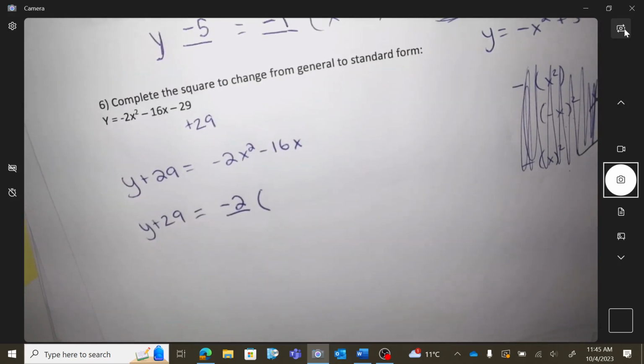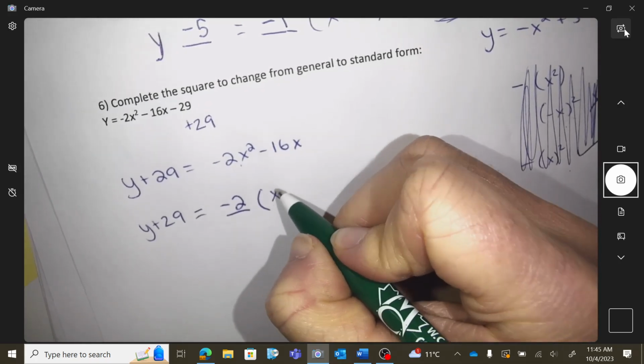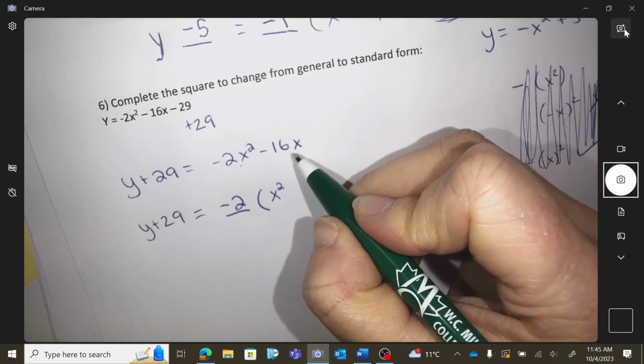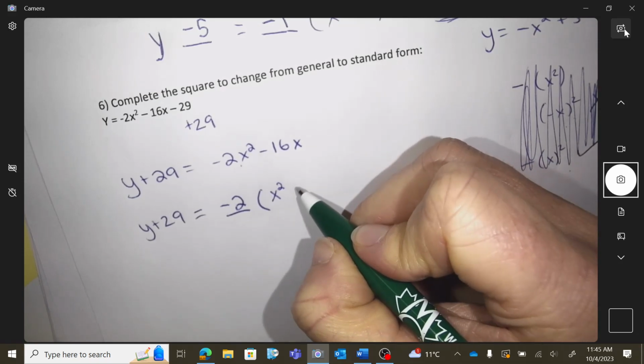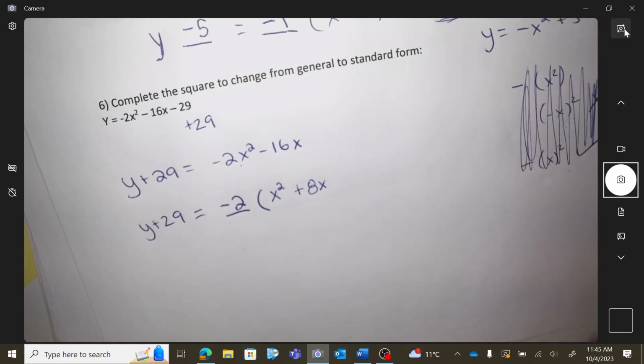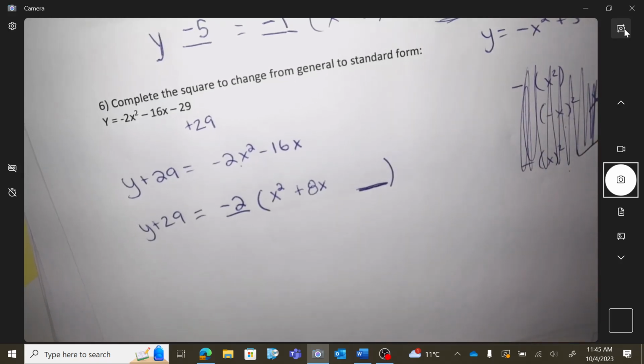Okay, so what does everything change to after you take a -2 out of it? This term is just an x squared now. And this term also changes to be a plus 8x. And now you can do it.